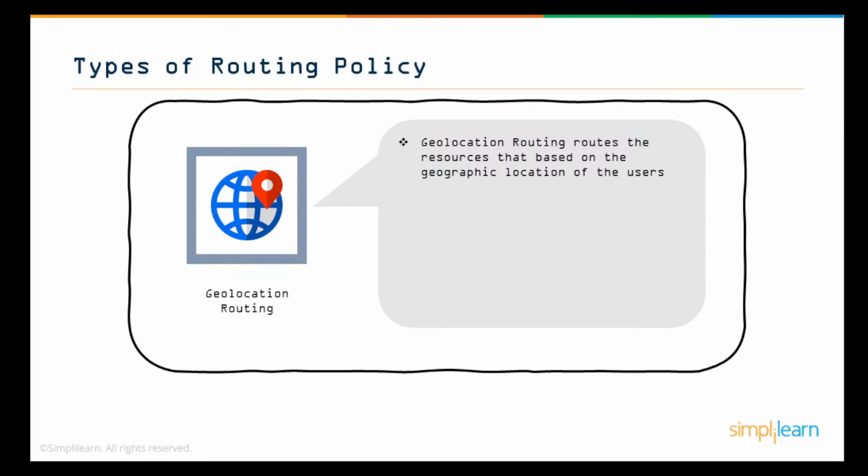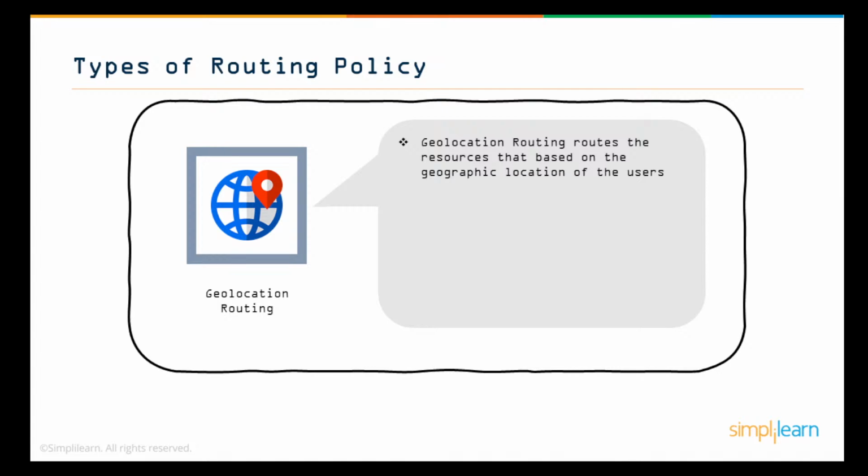And based on the user's location, let's say if a user tries to access the domain from the US, the request would go to the web server in the US location. If anyone from the Asia Pacific tries to access that domain, the request would go to a backend server in the Asia Pacific location only.